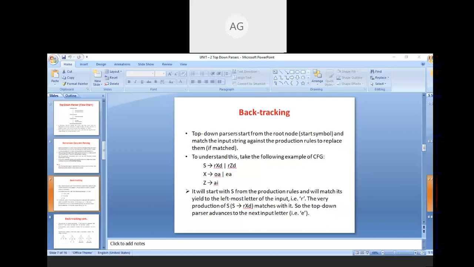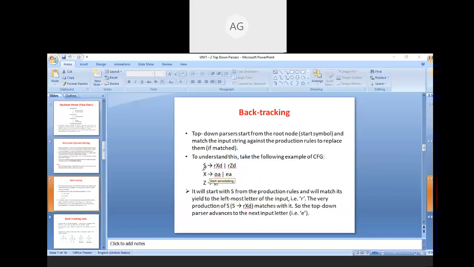So let us discuss this method by using an example. You can see a top-down parser starts from the root node, which is the start symbol, and matches the input string against the production rules to replace them if matched. As we already discussed with the example before, to understand this, take the following example of CFG. Here you have the given CFG, with 5 productions using 3 non-terminals.